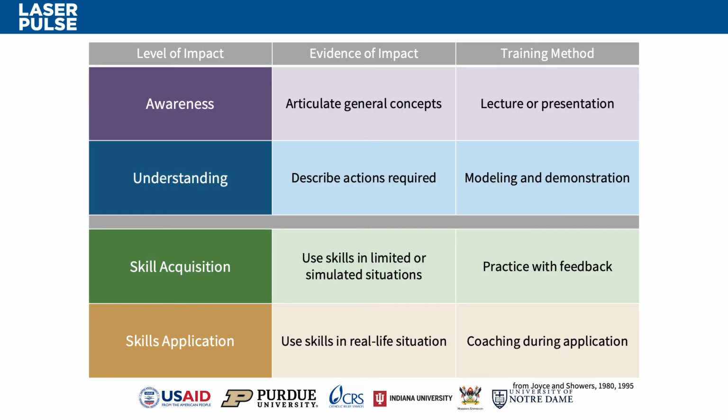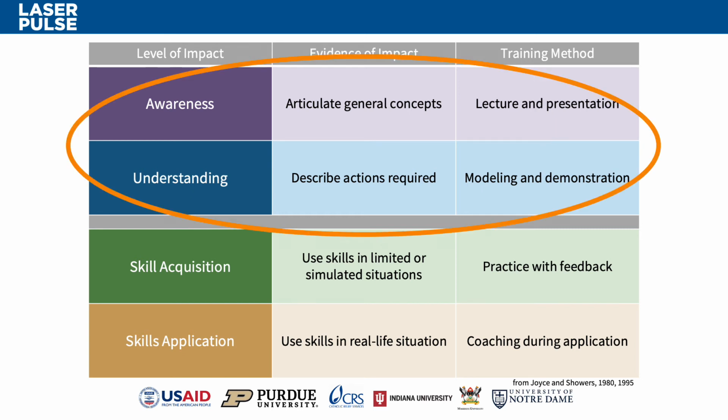The framework we explored in the previous section tells us that interactive activities, practice, feedback, and coaching are critical training methods if we want stakeholders to be able to put research-based information into action. The methods identified in the first two rows, lecture or presentation, along with modeling and demonstration, can be used in face-to-face training.